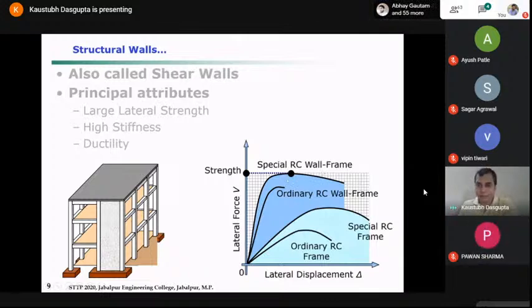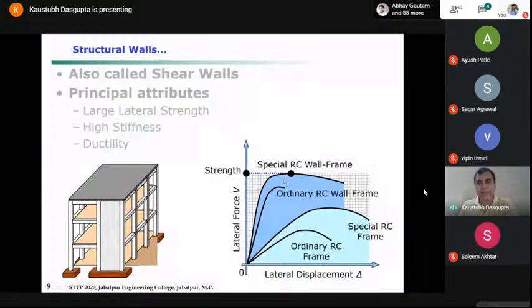The behavior is obviously different as seen here. The deformation capacity of the special RC wall frame is larger due to the ductile detailing. Okay, so at a glance, this is a generic comparison. What is observed as compared to the different categories of frames and frame with shear walls.